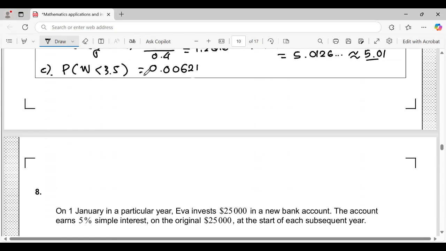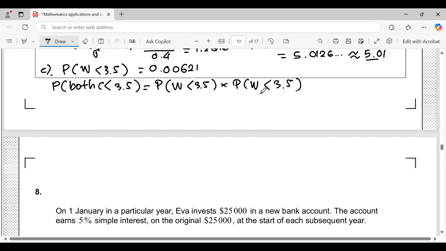So when two cats are selected independently, the probability that both cats have mass less than 3.5 kg, we can write as the probability W less than 3.5 multiplied by the probability W less than 3.5, and it is 0.00621 multiplied by 0.00621.